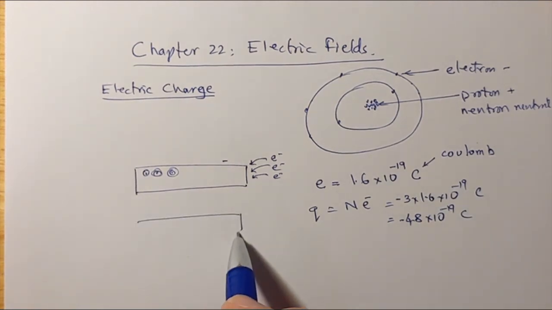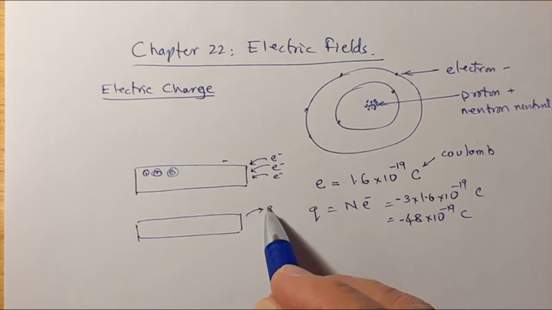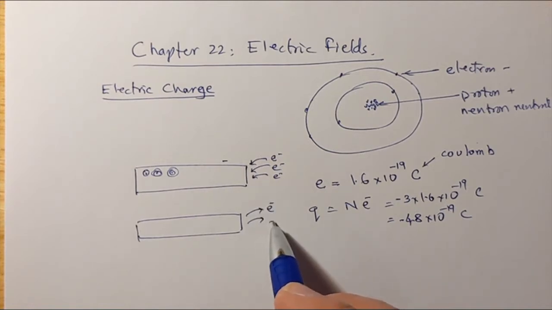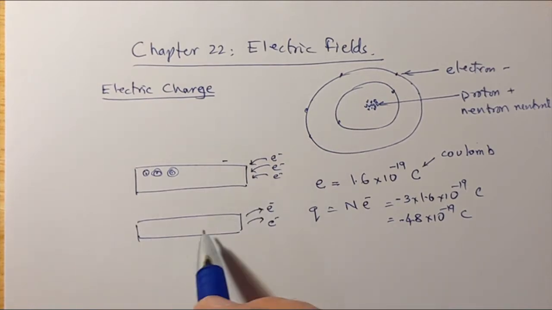Similarly, if we were to extract some electrons from it, then the whole thing remaining would have a net positive charge. So that's how we can give positive and negative charges to different objects.